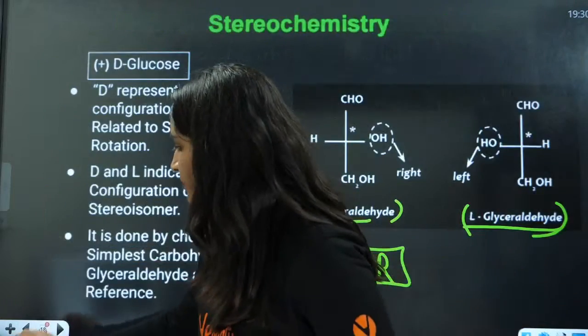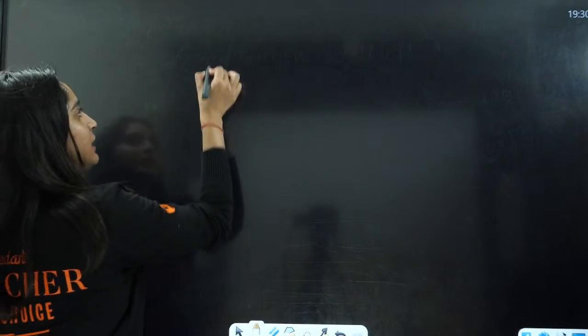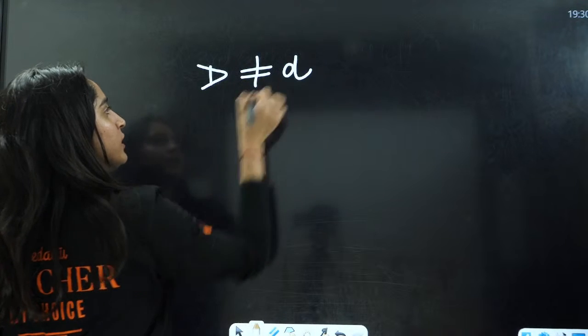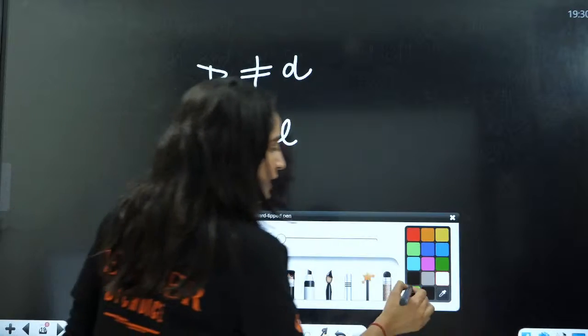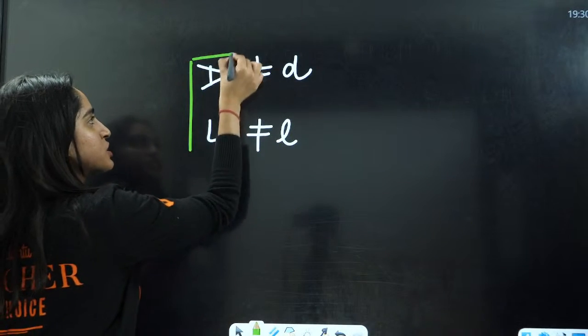Note this here also: capital D is not equal to small d, and capital L is not equal to small l. These are the configurations.